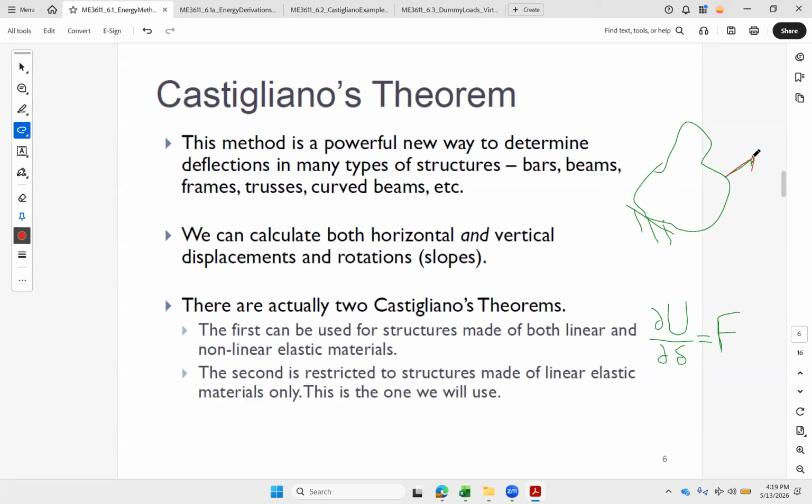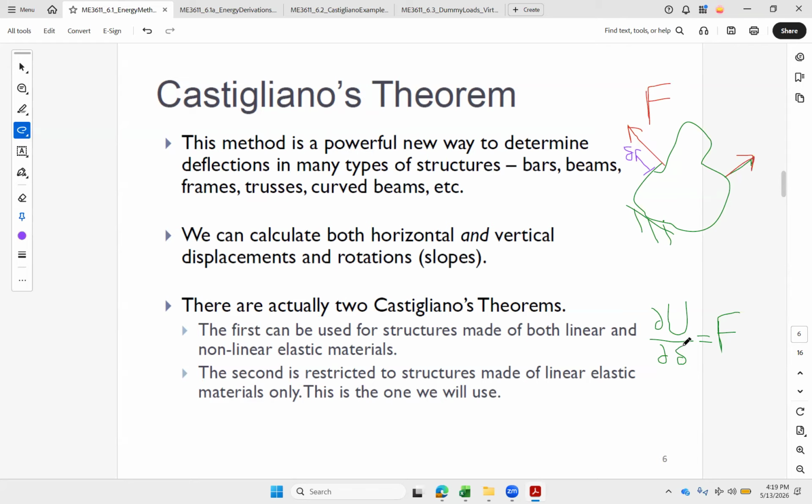So I've got some load here, some load here, and I want to know what load is required to perform a certain displacement. So right at this spot, I've got some displacement delta. I add up all the energy that's inside here.